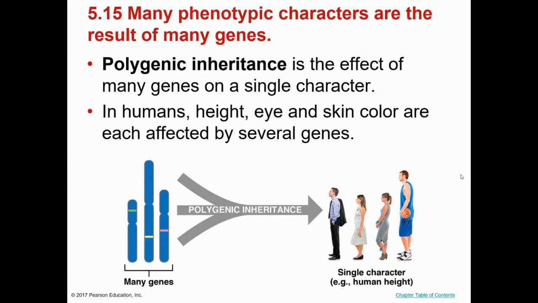So it's not just red and pink and white flowers, it's red flowers and every shade of red and pink and white in between. And so one great example is human height. We have all different variations of human height throughout the range. We know a majority of people fall in the middle, but we have people who are quite short and people who are quite tall.